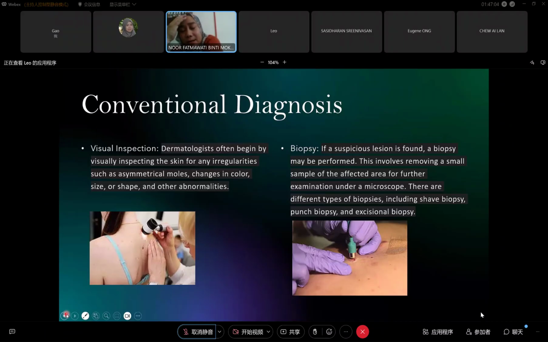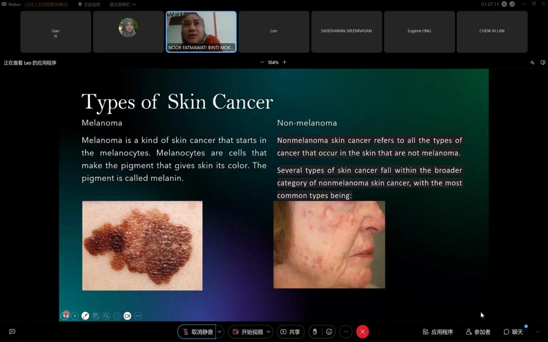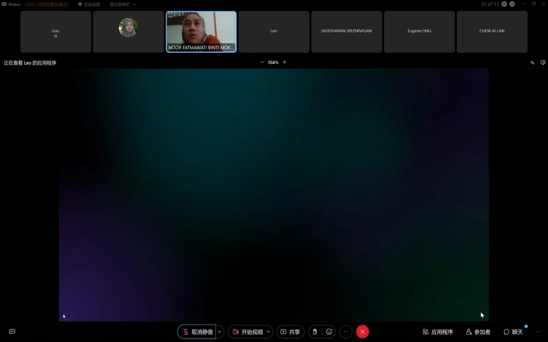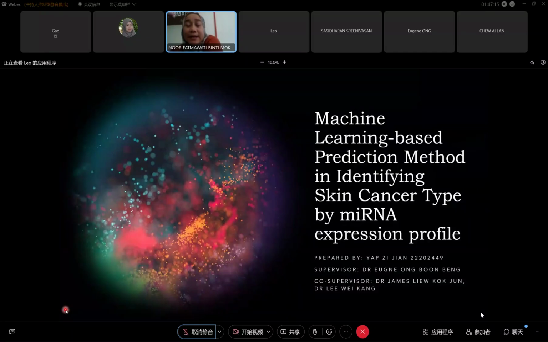Every time we develop an assay, we need to highlight what it is for. Is it for early diagnosis when it comes to cancer?